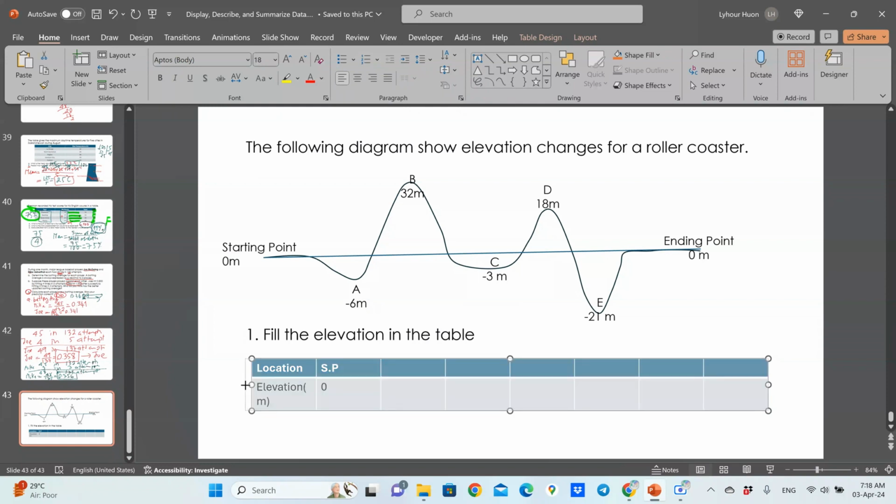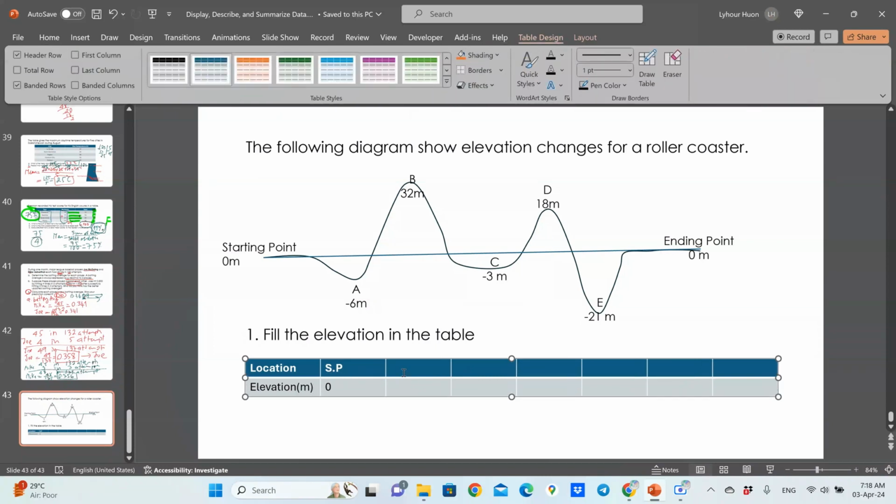Elevation is in meters, so we don't need to write it over again. Point A is minus 6 meter. Point B is 32 meter. Point C is minus 3 meter. Point D is 18 meter. Point E is minus 21 meter. And then the ending point, EP, is 0 meter again.